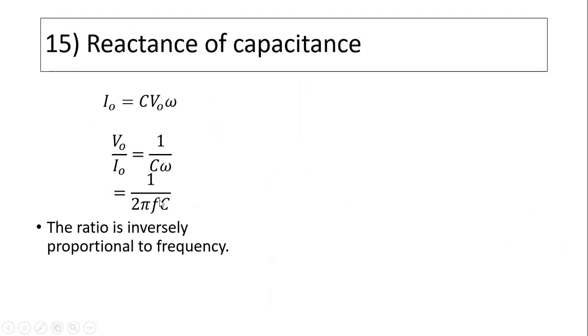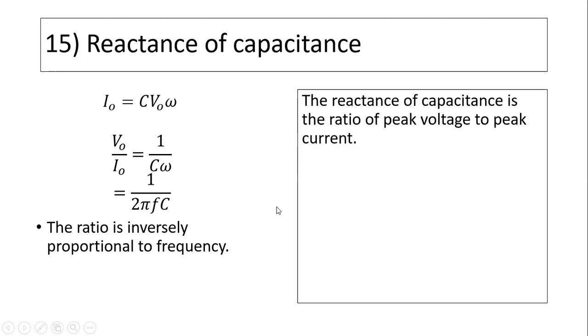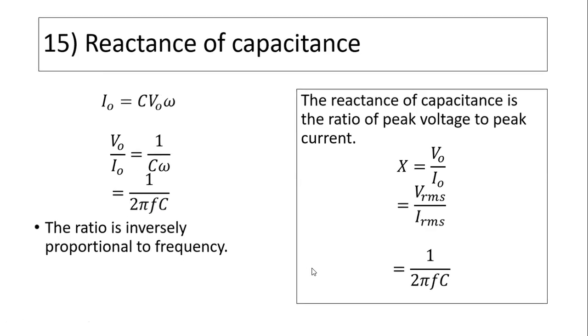Frequency increases, that ratio decreases. Reactance of capacitance is the ratio of peak voltage to peak current. I can put a C there if you want, but since we are looking at capacitance, you understand. Reactance of capacitance is V naught over I naught, or we can use root mean square, V rms over I rms. That is your value. Memorize, not calculate.